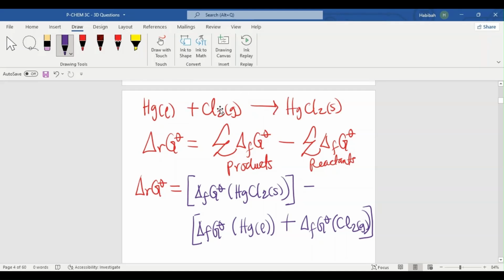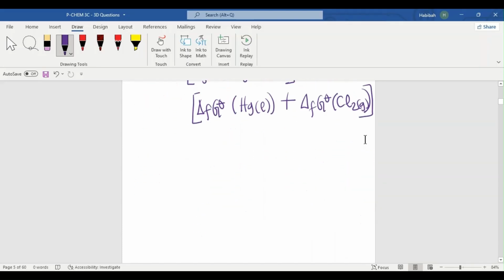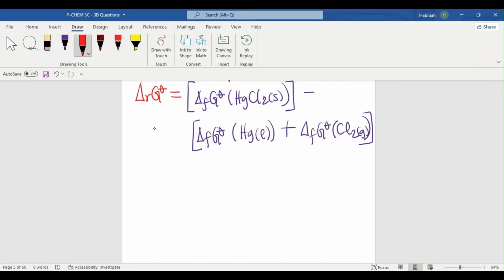HgCl2, every single one of those compounds or molecules has a coefficient of 1. So we don't have to rearrange further. We can just simply substitute.